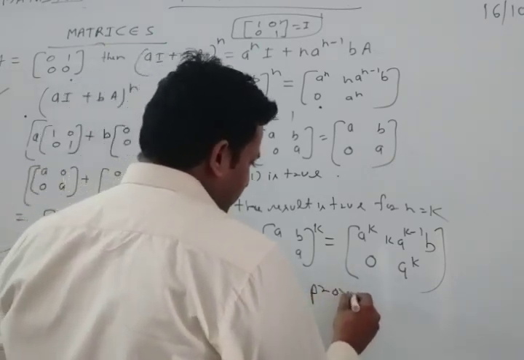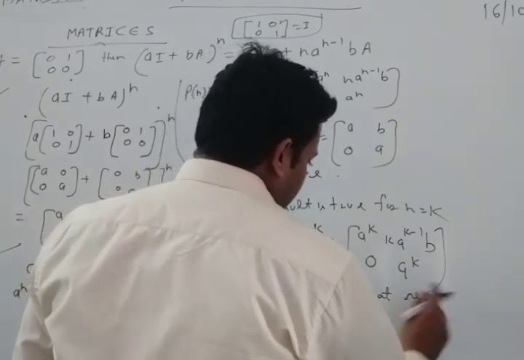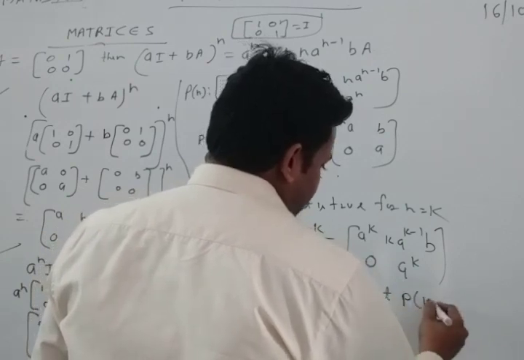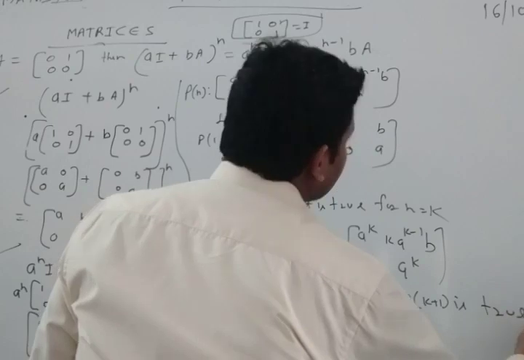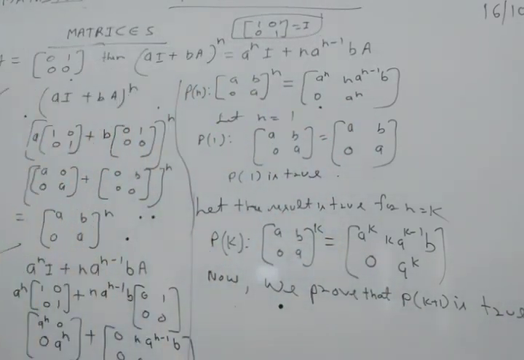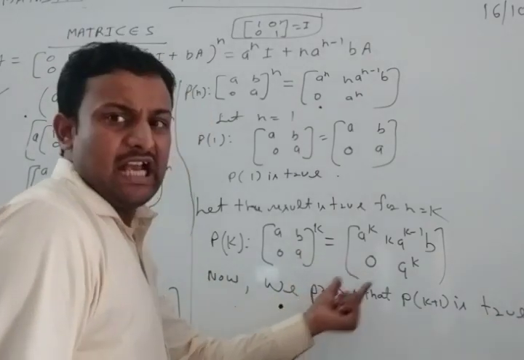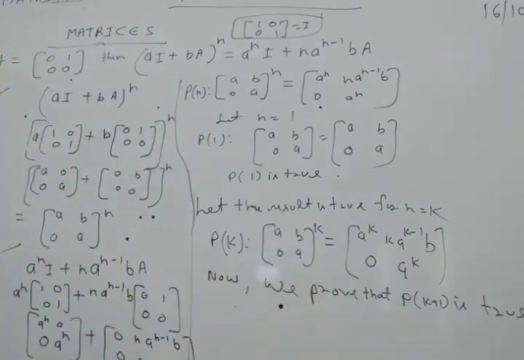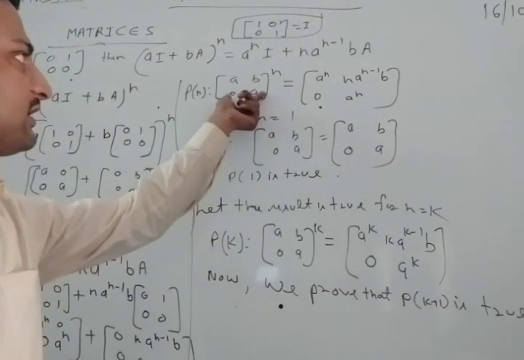Now we prove that P k plus 1 is true. Okay? So we consider this term and multiply it on both sides by this term.